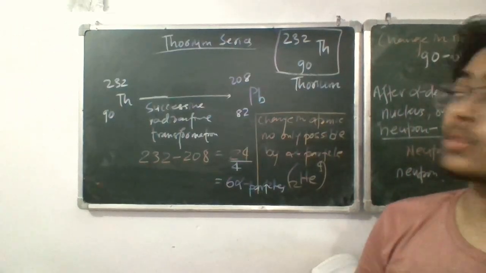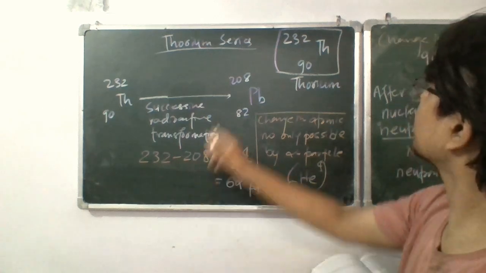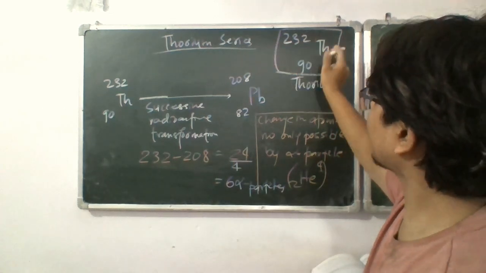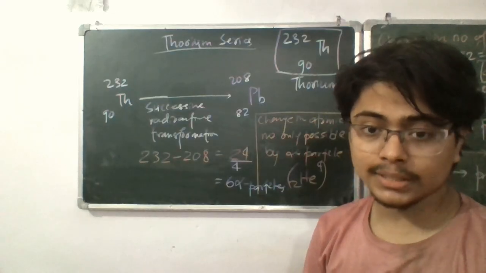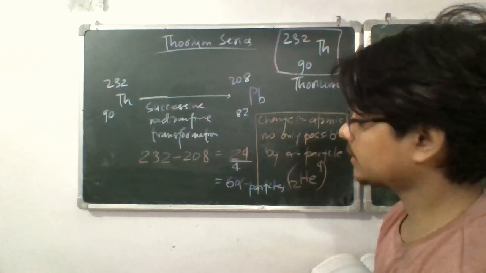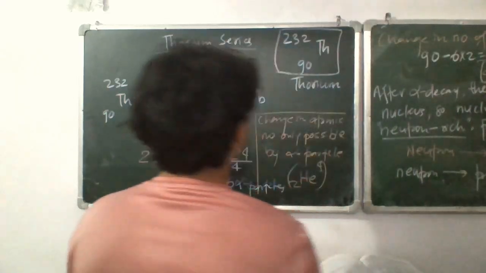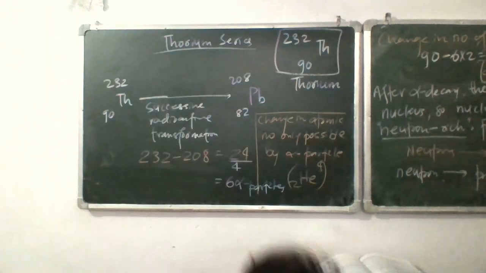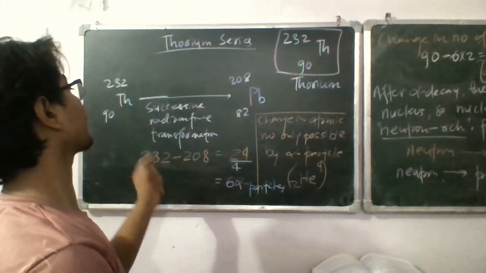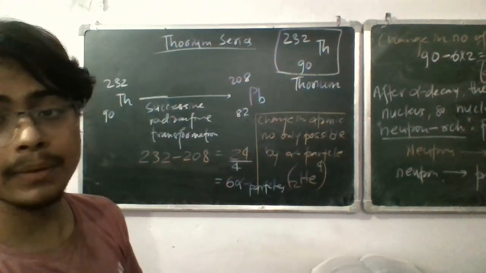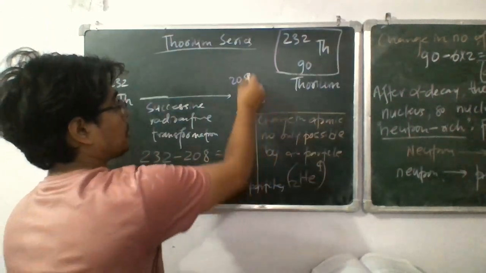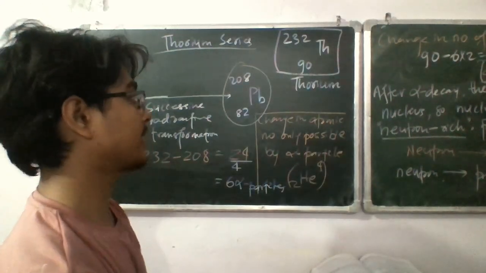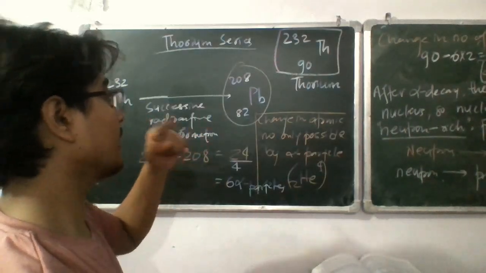So let's talk about the thorium series, and we know thorium is 232Th90, where 232 is its atomic mass and 90 is its atomic number. This thorium undergoes successive radioactive transformations, and it ultimately gives a stable nucleus, which is 208Pb82, which is lead.